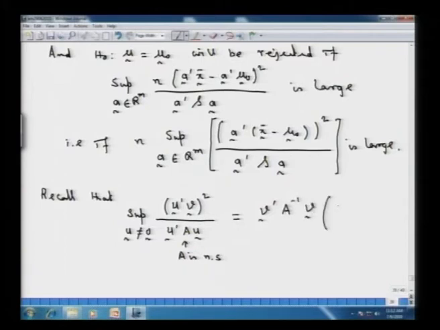Now, this follows straightforwardly from the Cauchy-Schwarz inequality. So, we have this general result that for a non-singular matrix A, the supremum of this particular quantity is given by this. Now, here we will use this result to find the supremum of our quantity.